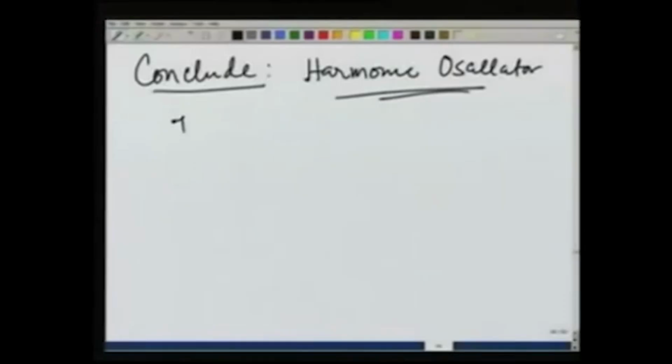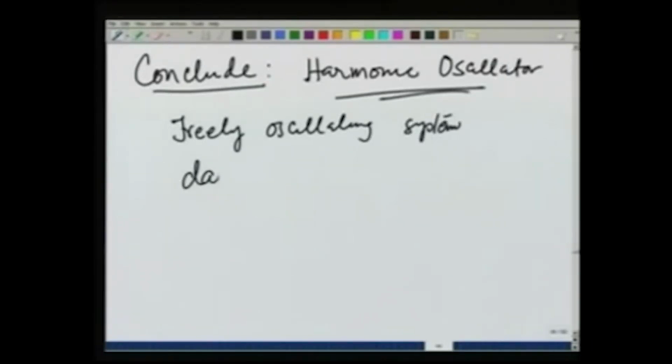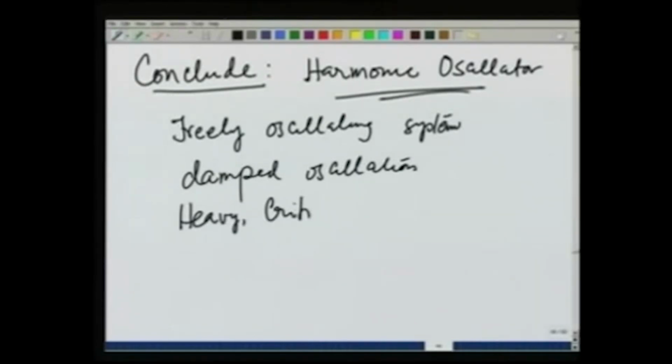We have looked at a freely oscillating system. We have also looked at damped oscillations in the regime of heavy, critical and light damping.